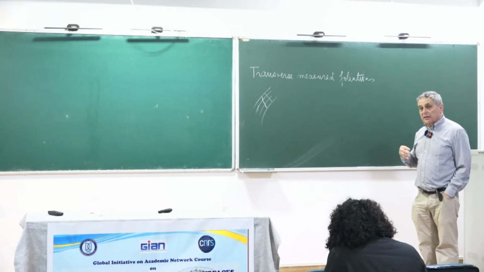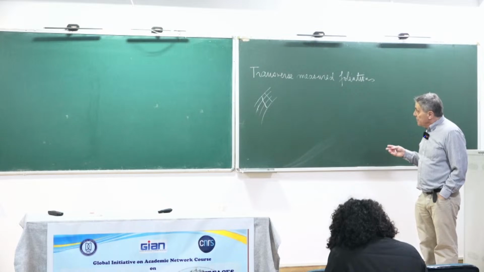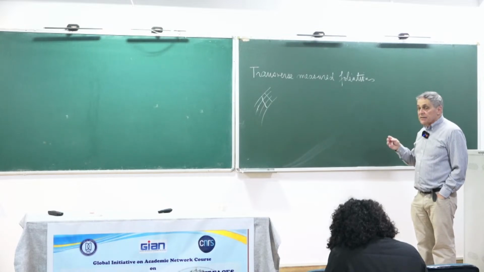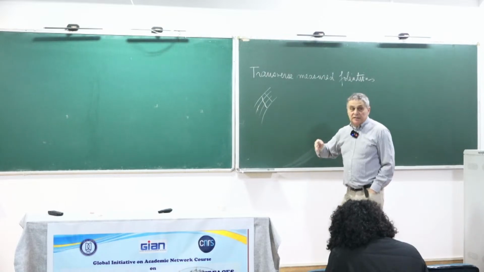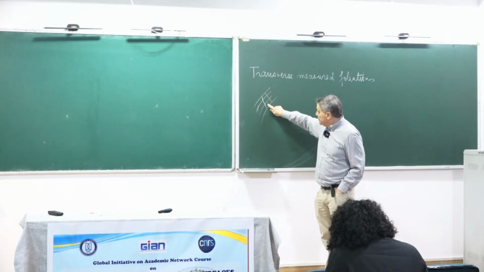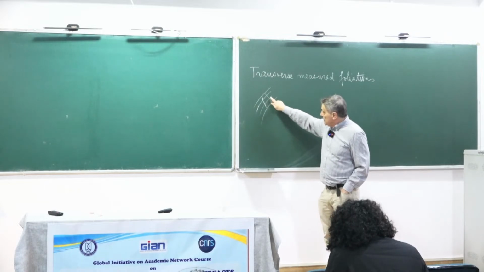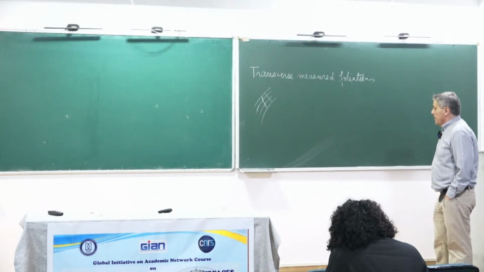There are more general transverse structures. For instance, instead of being transversely measured, a foliation can be transversely projective, meaning that these local maps are projective, or they are much more complicated transverse structures.